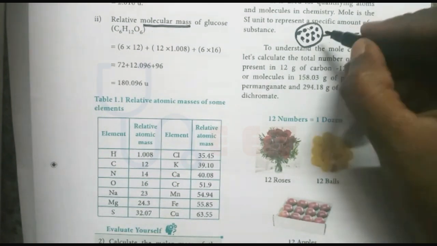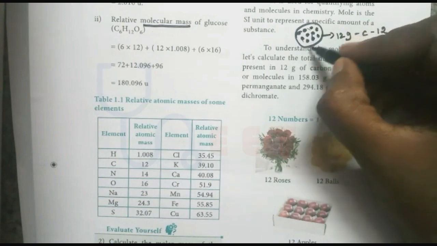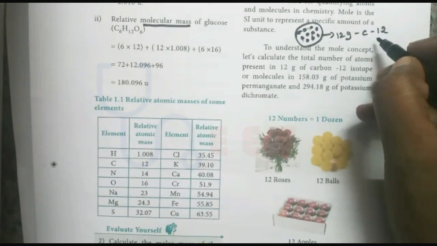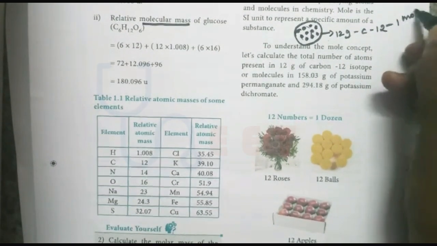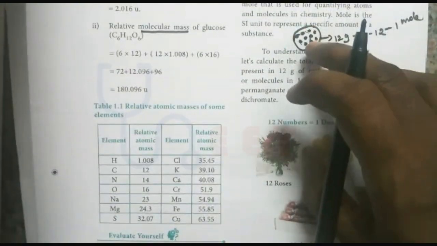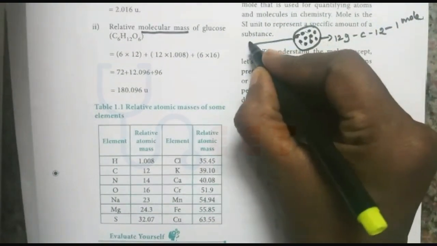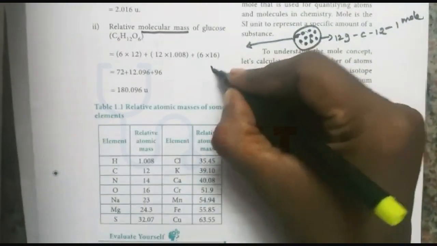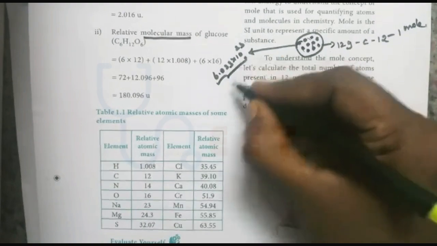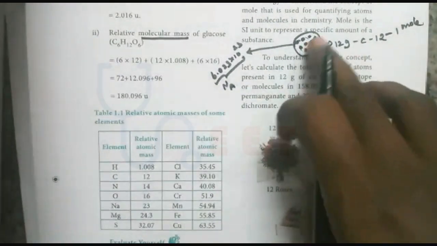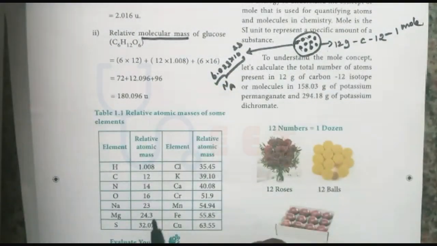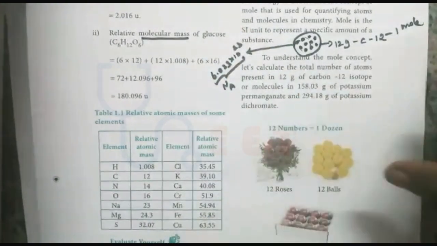One mole is the number of atoms present in a molecule which is exactly equal to 12 grams of carbon-12. In the same way, the number of atoms present is also equal to 6.023 into 10 to the power of 23. It is called the Avogadro number, Na.